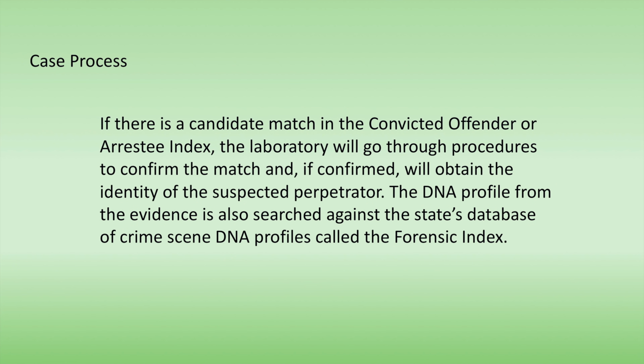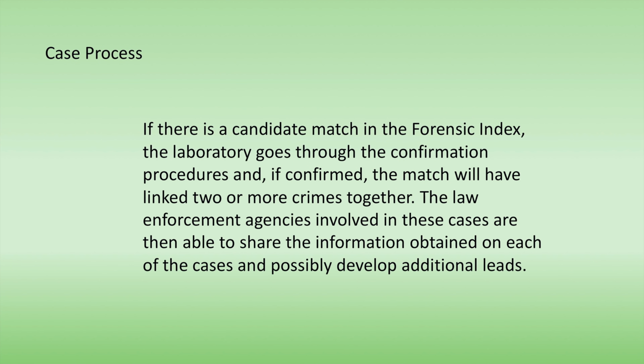If there is a candidate match in the convicted offender or arrestee index, the laboratory will go through procedures to confirm the match, and if confirmed, will obtain the identity of the suspected perpetrator. The DNA profile from the evidence is also searched against the state's database of crime scene DNA profiles called the Forensic Index.